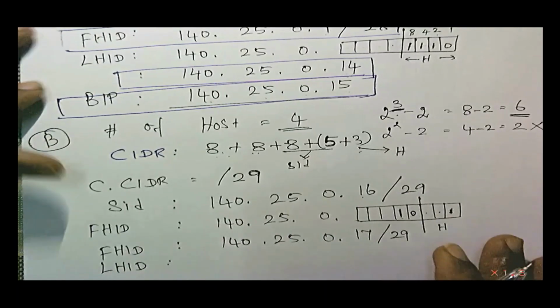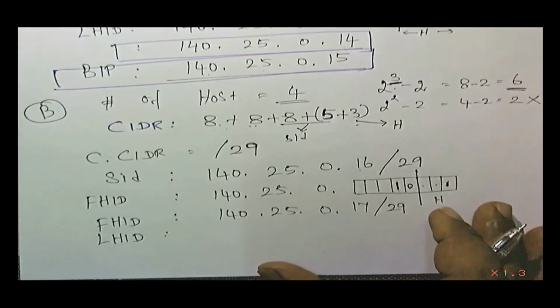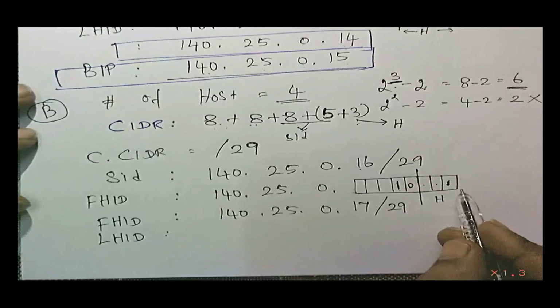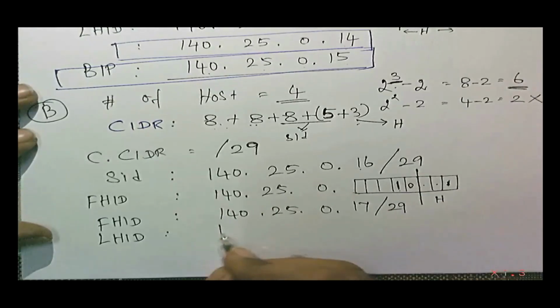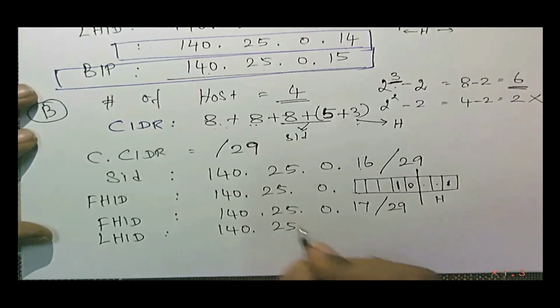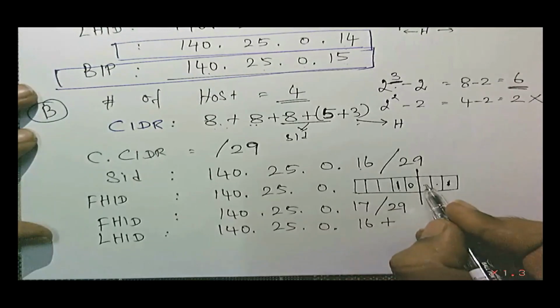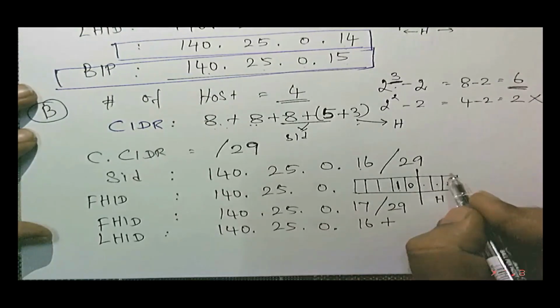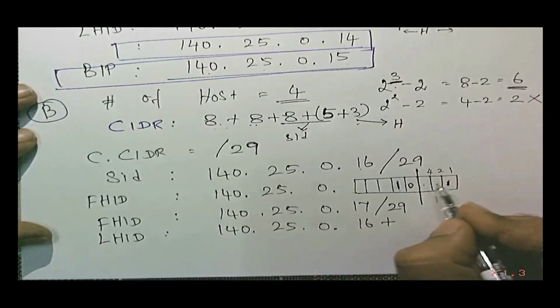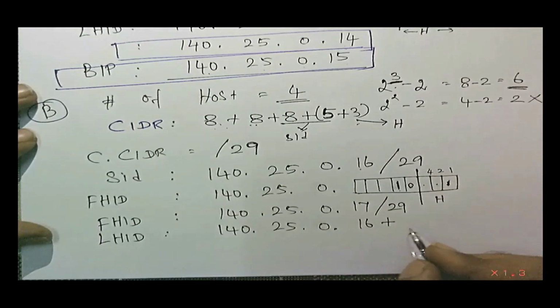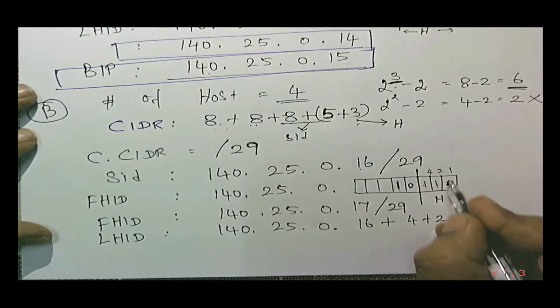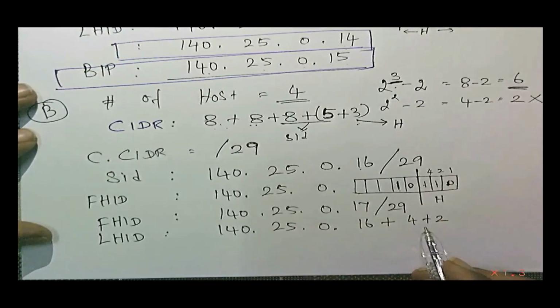Then the last host ID. We have to make everything 1 except the last bit. So 140.25.0, here 16 is already available, plus we make all the bits 1 except the last bit, which is 0. By place value, that is 4 plus 2.